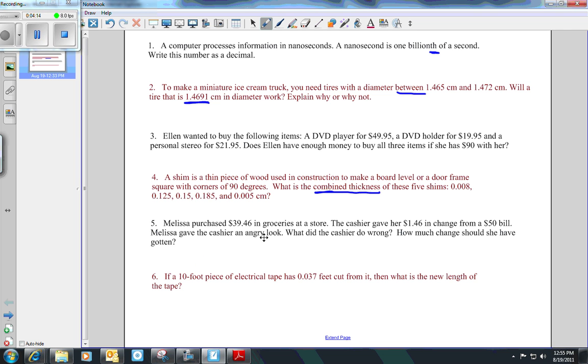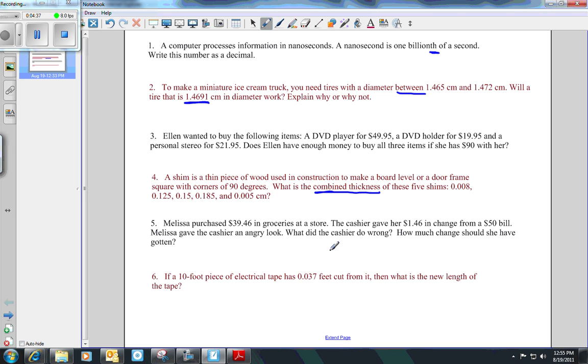On number 5, I need 2 answers actually. I need you to write in words, in a complete sentence, what the cashier did wrong. And then the second part of your answer will be how much change Melissa should have gotten. And I need you to show your work on how much change she should have gotten.